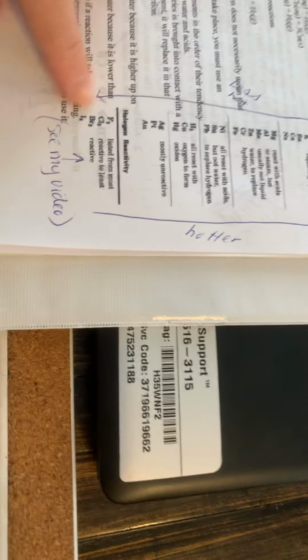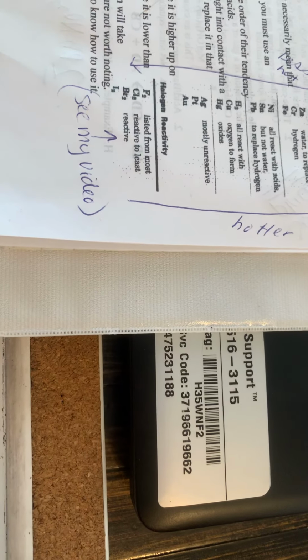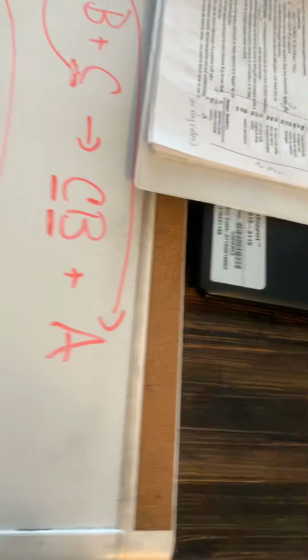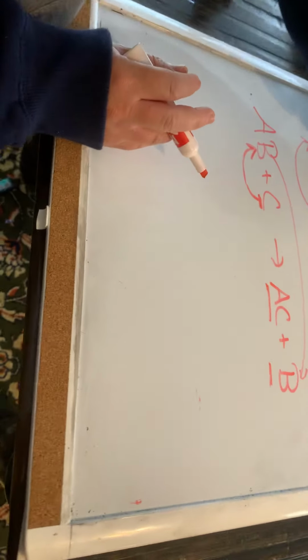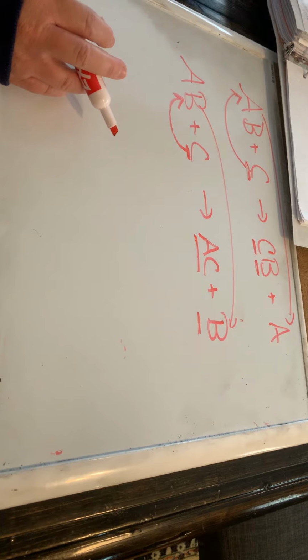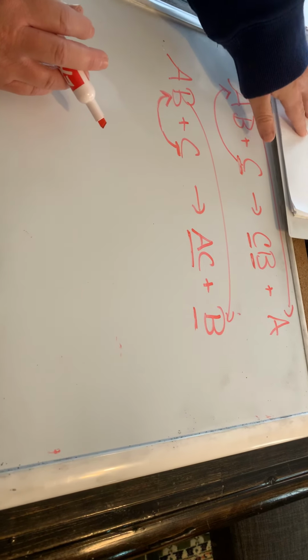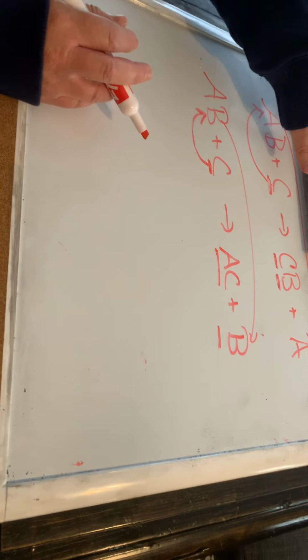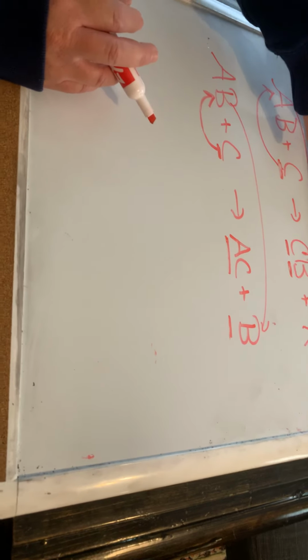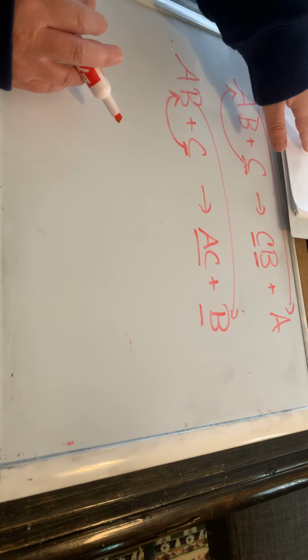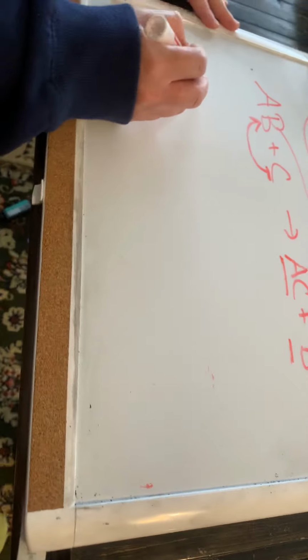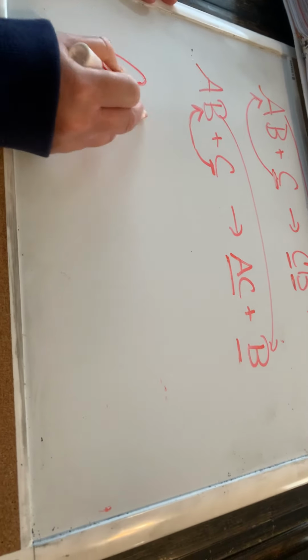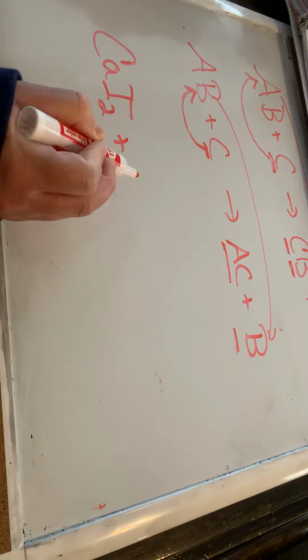If you're doing these ones on the bottom down here, the halogen reactivities, you have to look at it like this. So let's say, let's see if I have an example here. I thought I did. I can make one up. Okay, so let's say you have this.